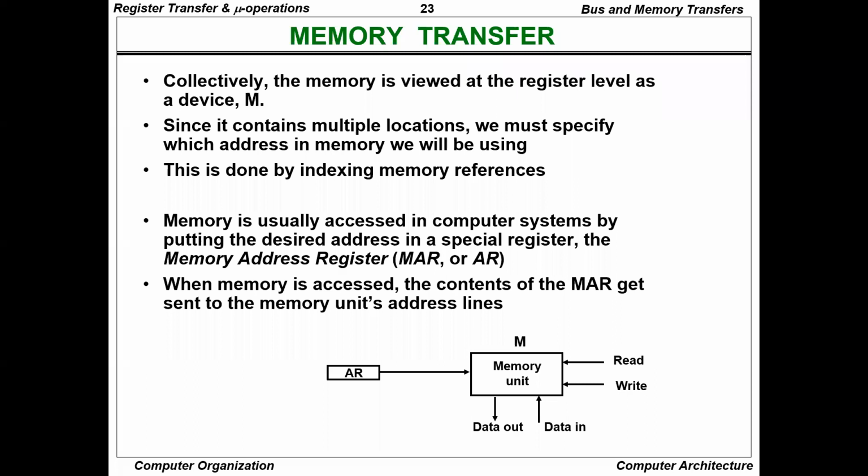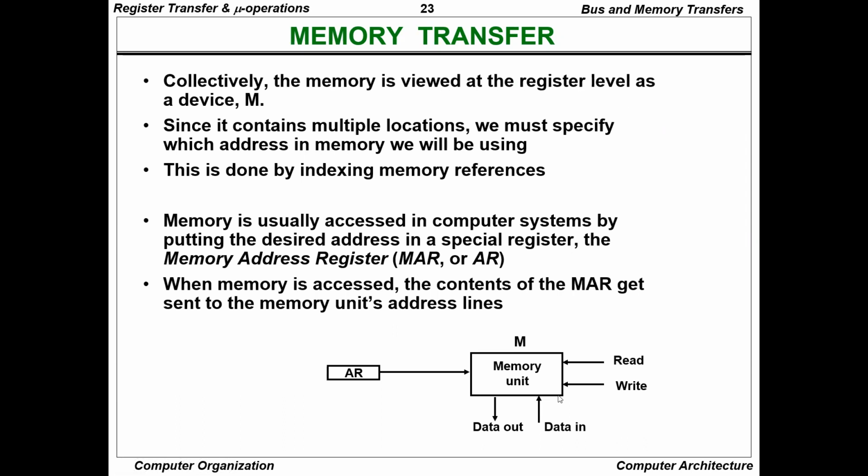The second is memory transfer. What is memory transfer? When we saw the previous instruction, we were transferring the content from R1 into R2. That meant only the registers were involved. But in the next instruction that we are going to study, the memory is also involved.